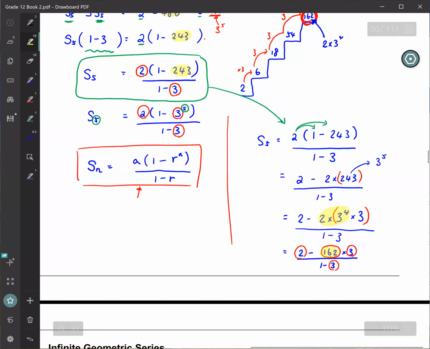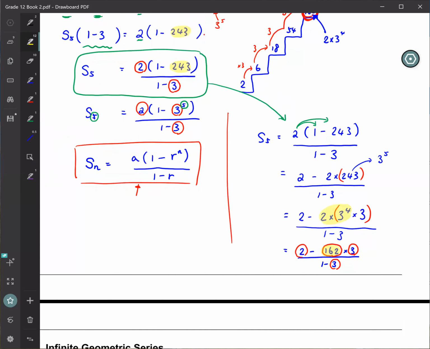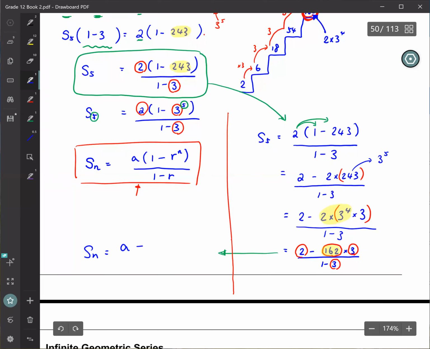Okay, so if I write it out in general, let's put it back here. Then we have our second formula. We'll talk about when to use each one. So Sn will be A minus last term, so L, times ratio, the 3, divided by 1 minus R. That's our second formula.